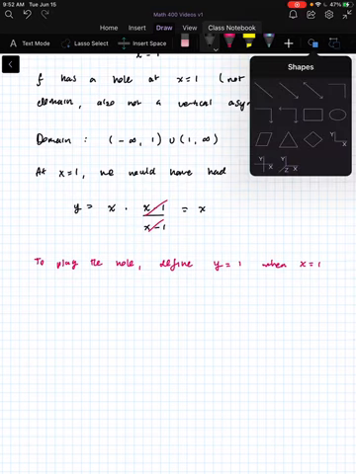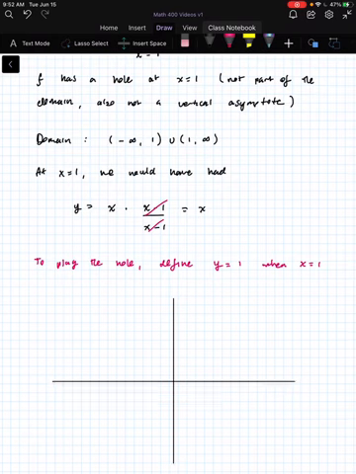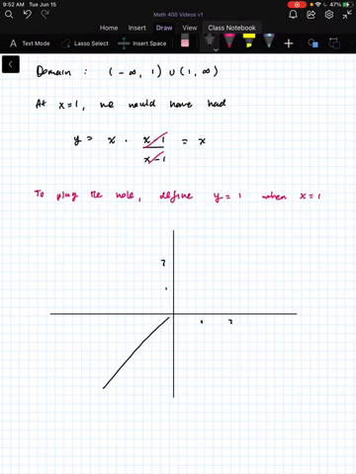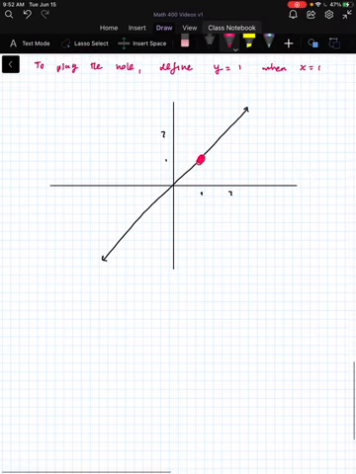So in other words, the full graph of this function would just be the line y equals x, except exactly at 1 you have a hole, and we can define a new function that plugs that hole.